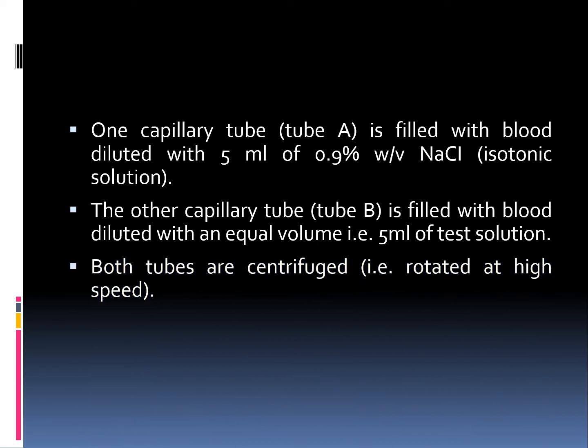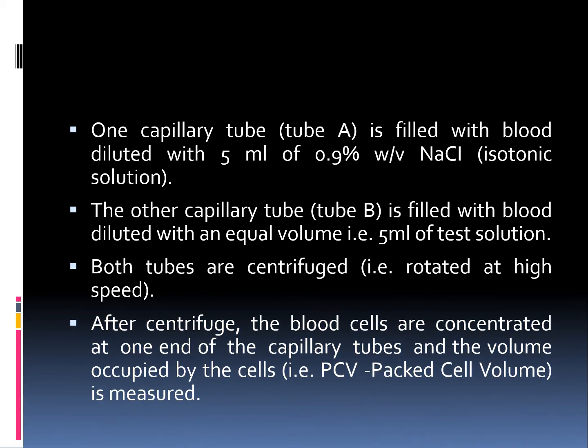Both the tubes are centrifuged, that is, they are rotated at high speeds. After centrifugation, the blood cells are concentrated at one end of the capillary tube and the volume occupied by the cells is measured. Due to centrifugation, the RBCs settle down at the bottom of the tube, and this is known as packed cell volume.